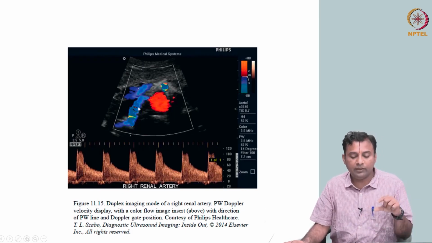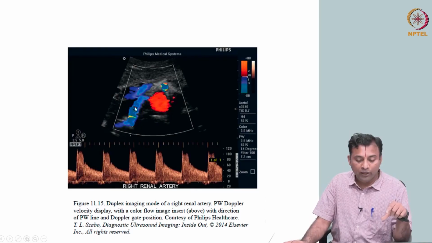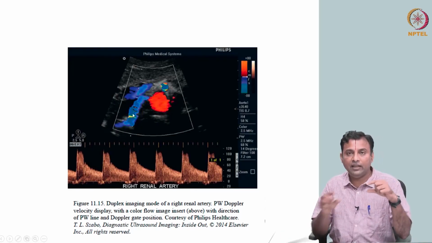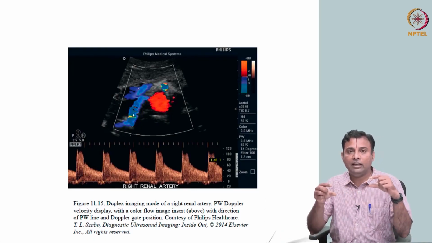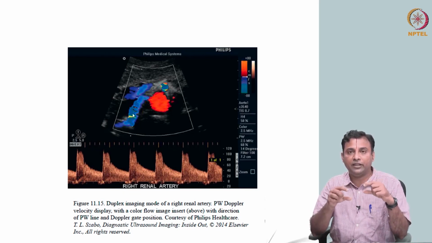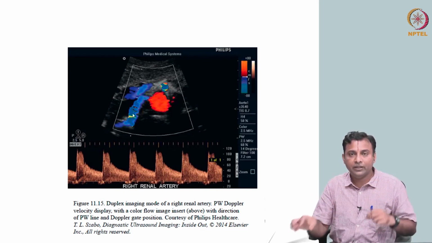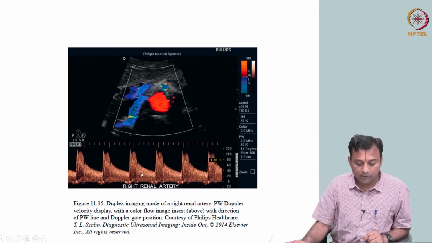If you take the radio frequency data, that we call the echo data, only from this region, and see how with time the frequency is shifting, the Doppler shifted frequency, if you plot that, this is what it is. So this is the velocity from your Doppler shift.